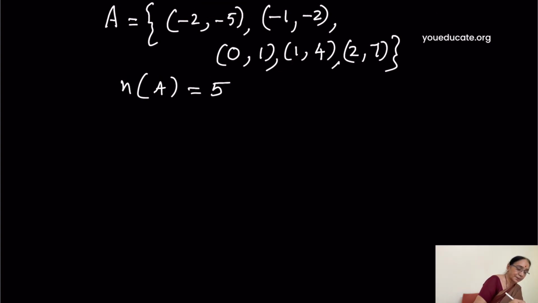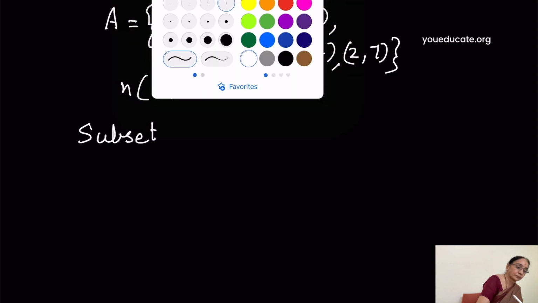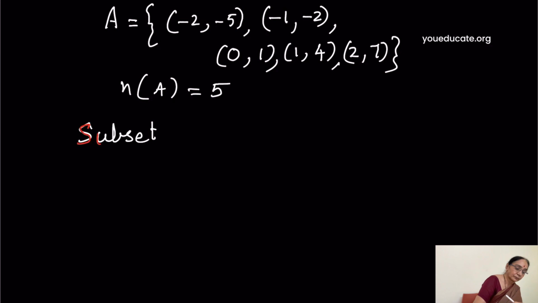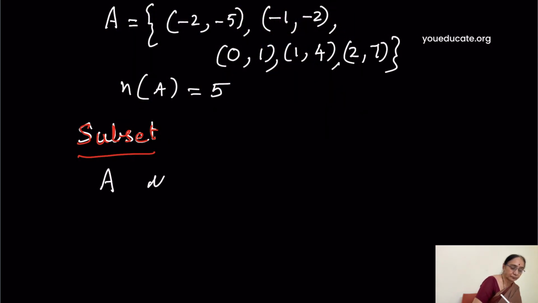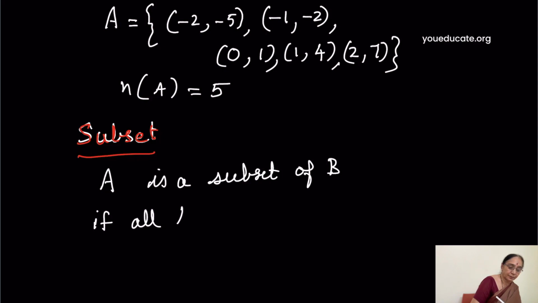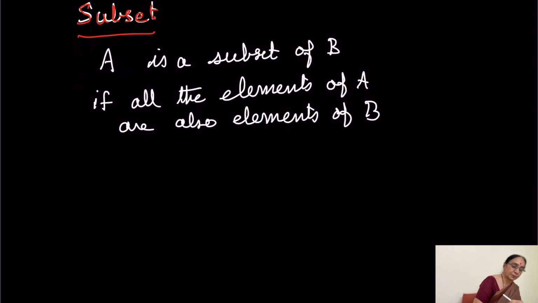Now we move on to subsets. I can say that A is a subset of B if all the elements of A are also elements of B. One small example quickly.